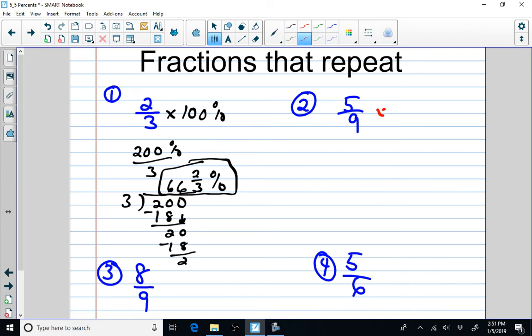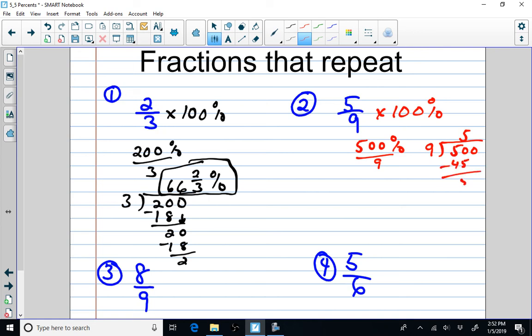Let's try the next example. 5/9. I want to take 5/9, multiply that by 100%. That's going to give me 500% over 9. I want to do some long division with that, so I'm going to divide 9 into 500. 9 times 5 is 45.